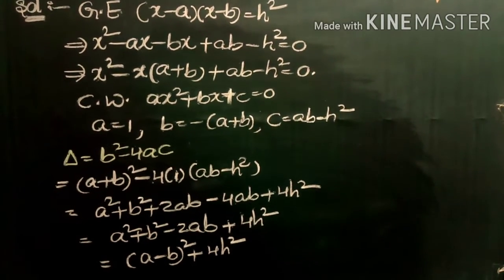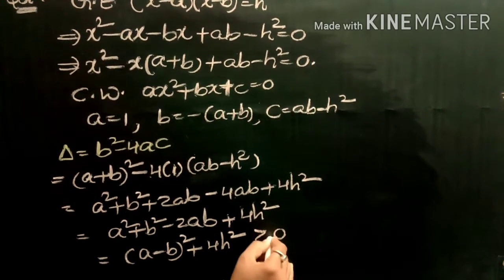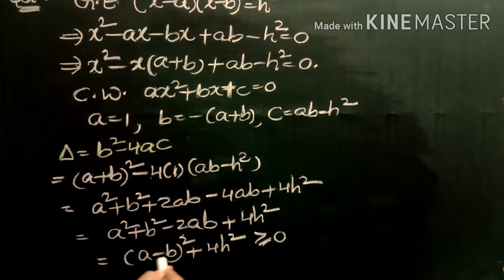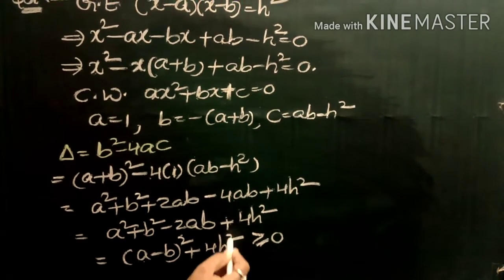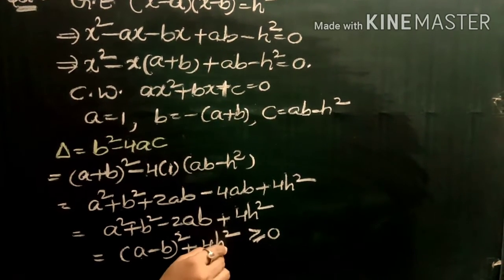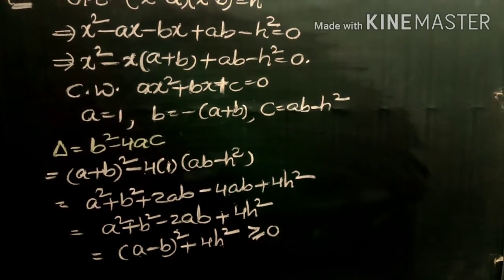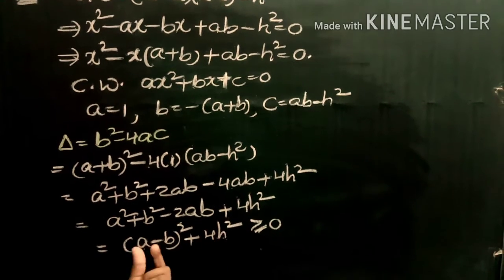Now clearly we can say that this value is greater than or equal to 0, since (a minus b) whole square is a positive value, and h square is also a positive value. The sum of two positive values always returns a positive value, and it gives the answer 0 when both of them are equal to 0.